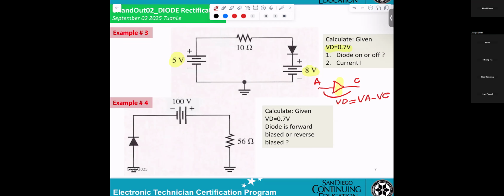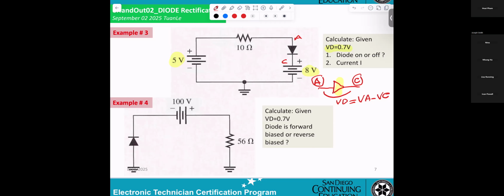Before you say the diode is on or off, you need to know VA and VC. That means you get an A here, you get a C here.